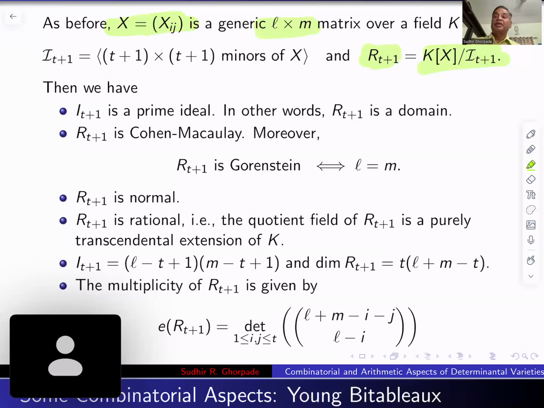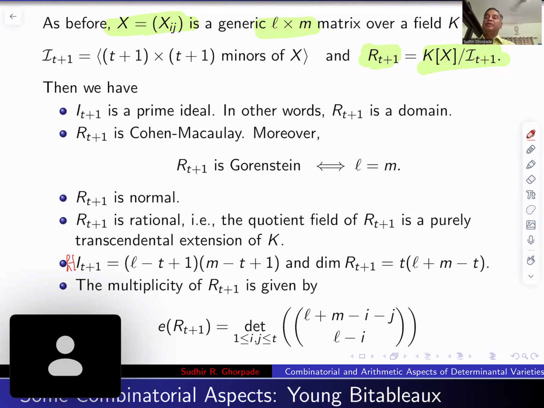I'm sorry, there is a typo here. What I meant to write was that the height of this determinantal ideal is given by this nice explicit formula, and more or less equivalently, since it's a Cohen-Macaulay ring, the dimension of R_{T+1} is given by T times (L plus M minus T). Okay.